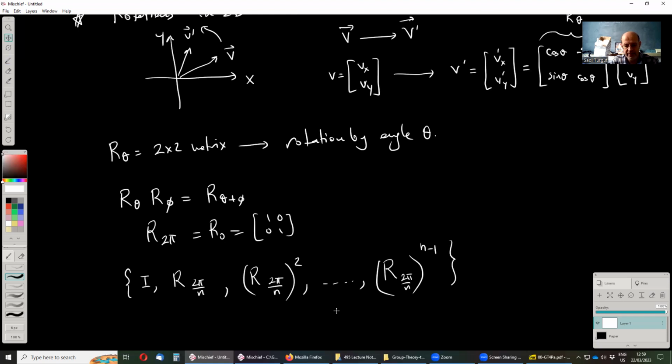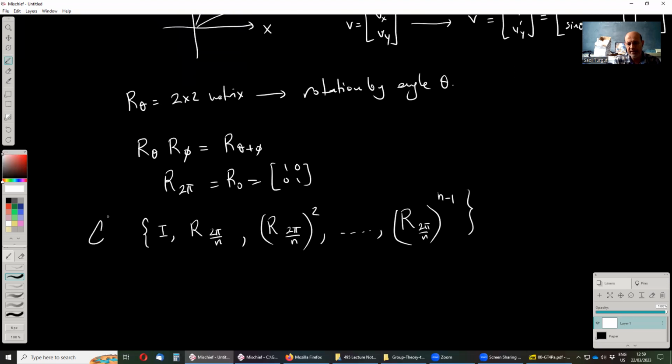So this is also a similar kind of cyclic group. Let's call this C prime n. There's also a generating element in here. Let's call this R. And then we have the square and the cubes and so on, up until the n minus 1 power of that rotation matrix.